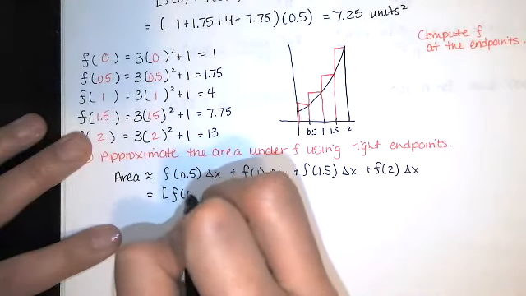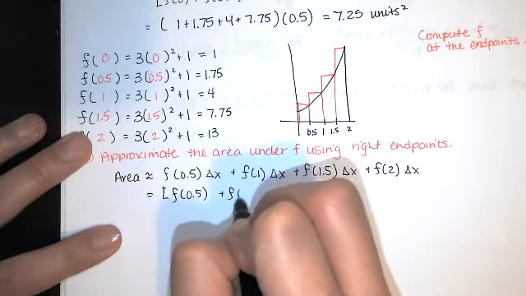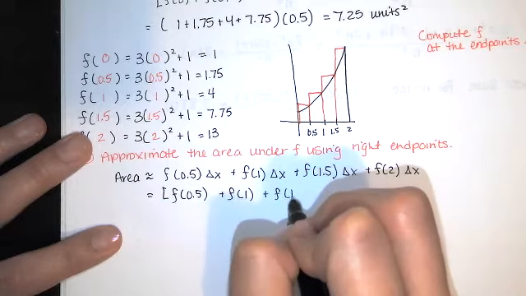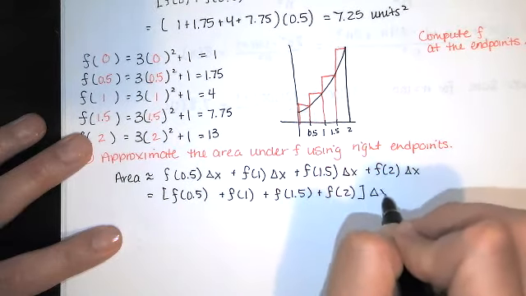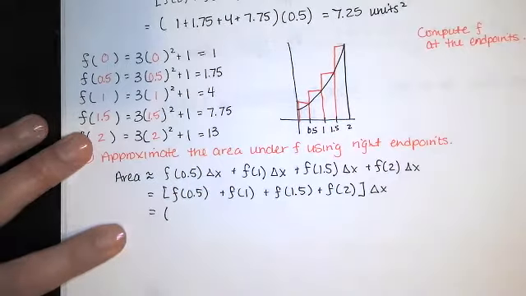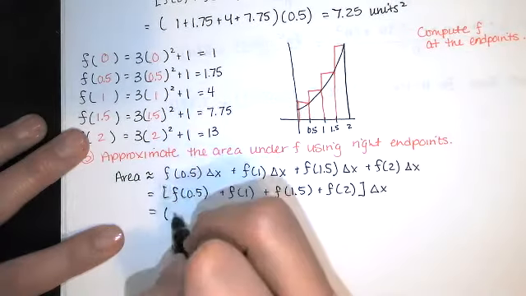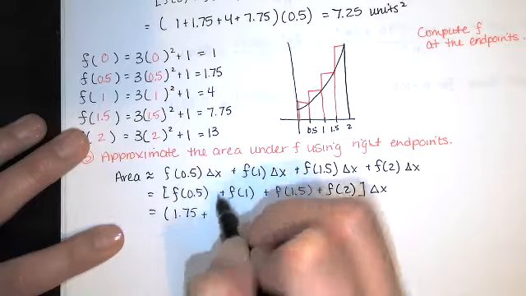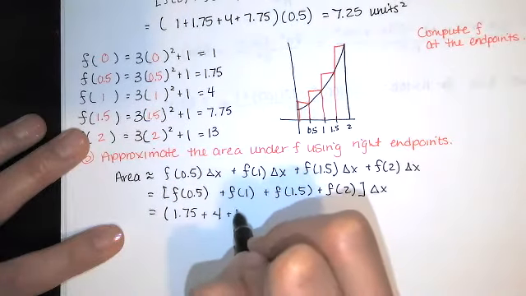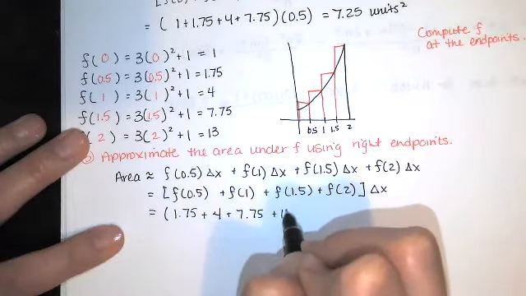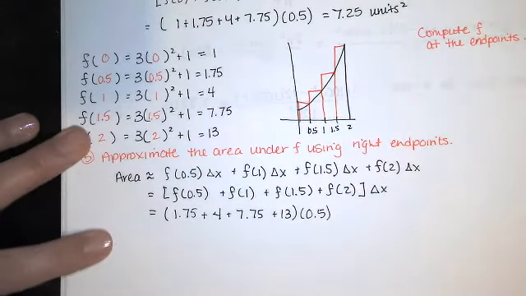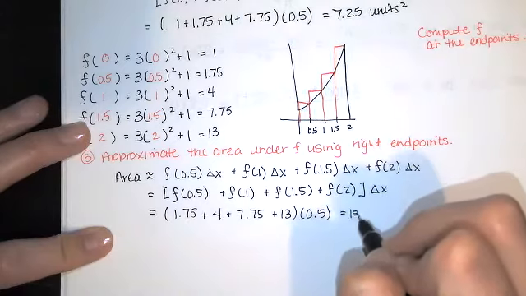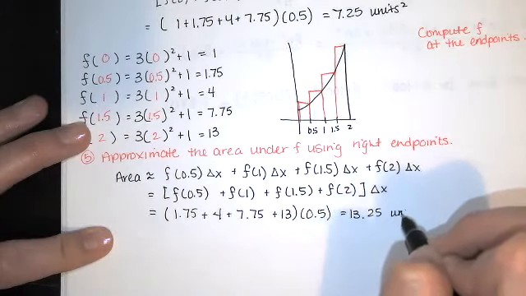And if we factor out that delta x, we just have to add those function values together and then multiply by delta x. So we get 1.75 plus 4 plus 7.75 plus 13 times that 1/2 times that width, and that turns out to be 13.25 units squared.